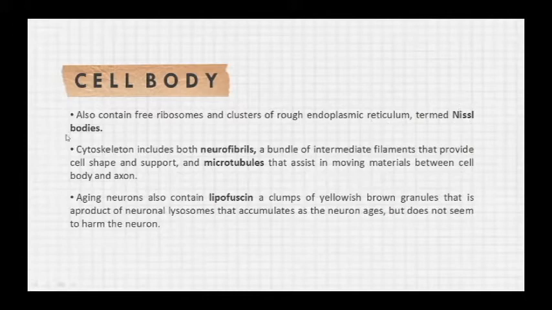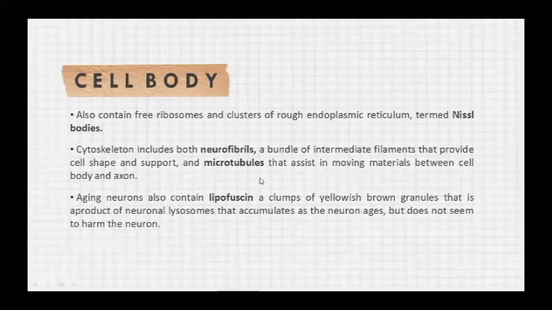While the cytoskeleton includes both neurofibrils, a bundle of intermediate filaments that provide cell shape and support, and also microtubules that assist in moving materials between the cell body and axon.